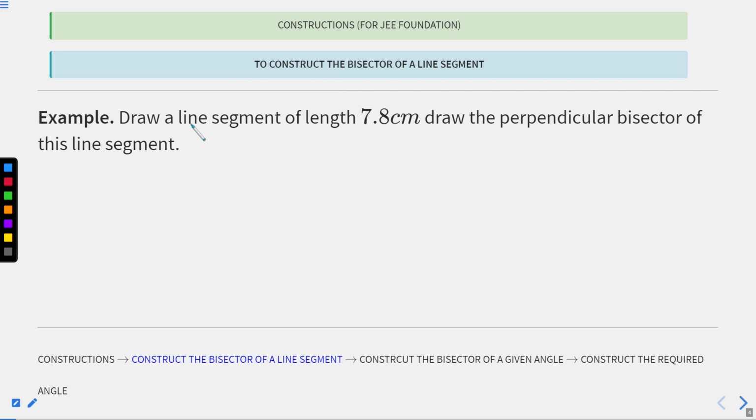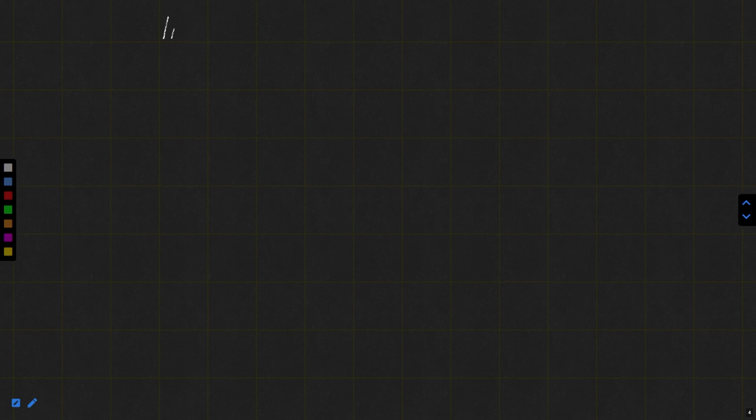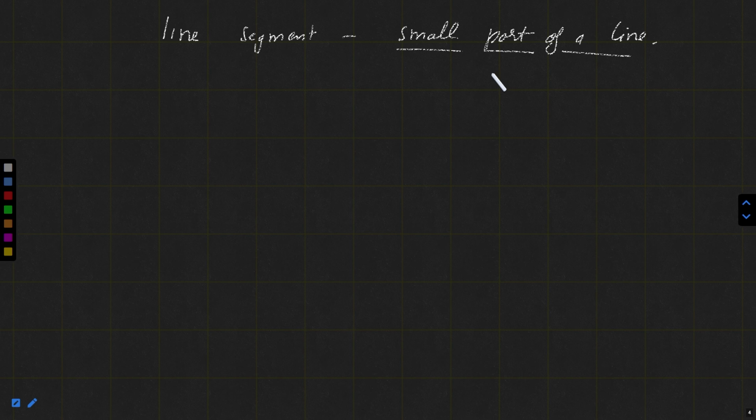First let me tell you what a line segment is. A line segment is a small part of a line, or a finite line having some finite length.